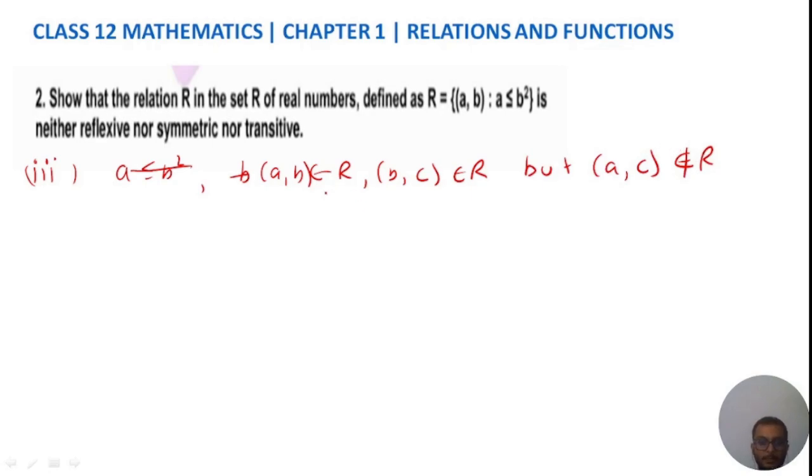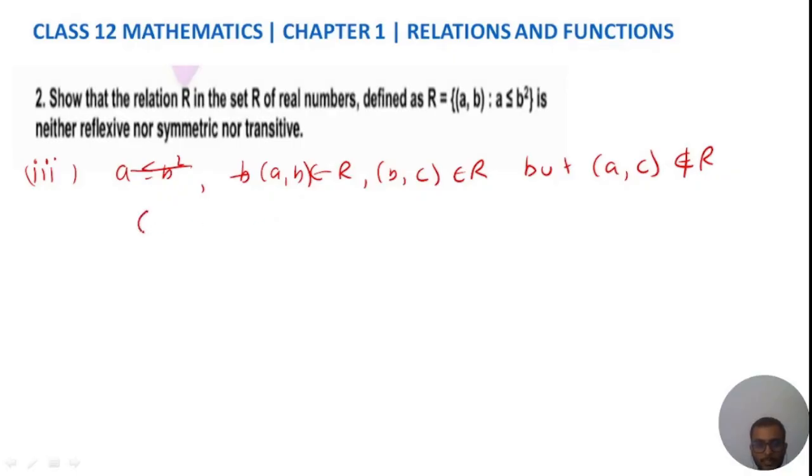Because transitivity means that (a, c) will be in R, but not transitive means that we will be able to find such (a, b) and (b, c) in R such that (a, c) is not in R. So let's try to find such elements.